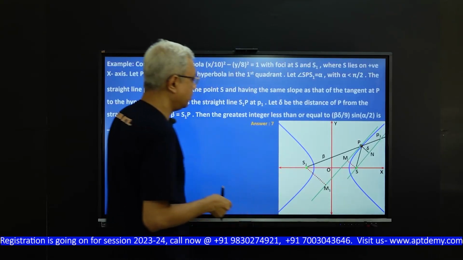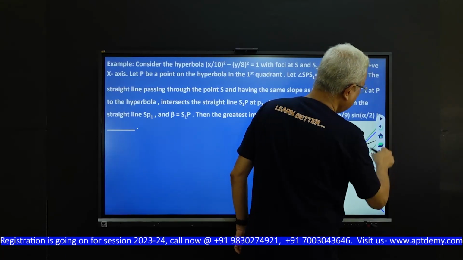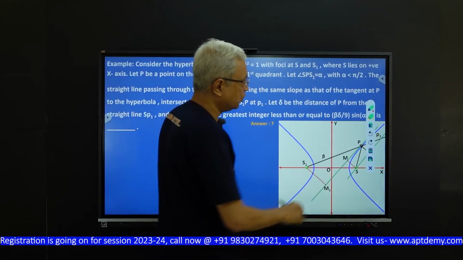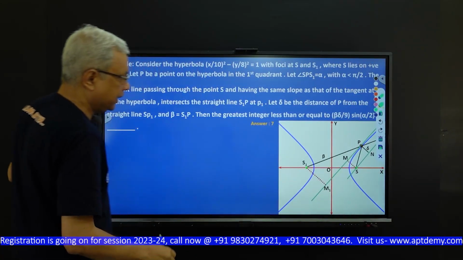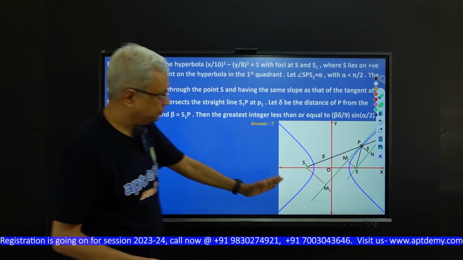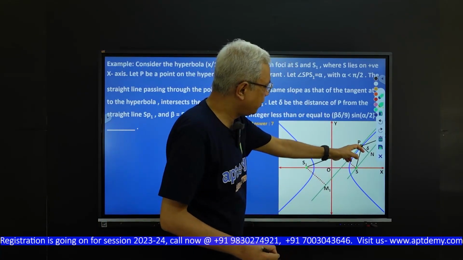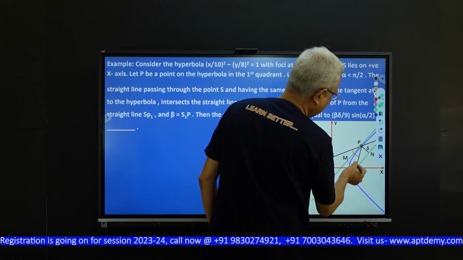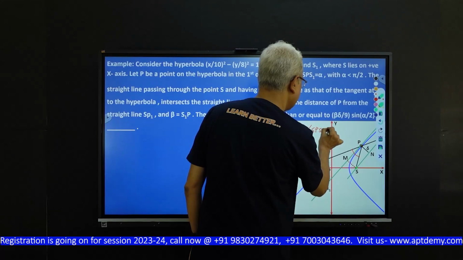Now let us come to the actual problem. This problem was given in IIT Advanced exam year 2022, if I remember correctly. Here, see, this is the tangent at P. P is a point on the hyperbola, as per the given problem we discussed in the beginning itself, and angle SPS1 is said to be alpha.